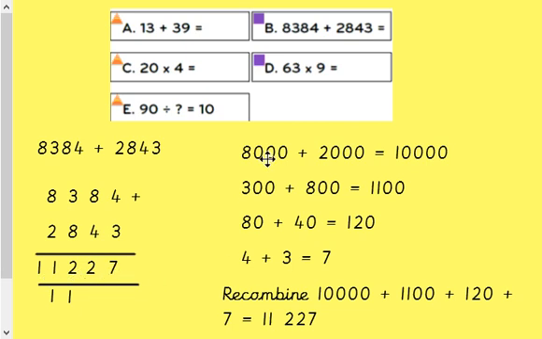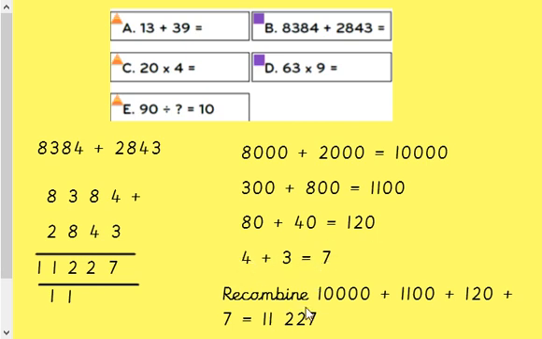11,227. We could partition the numbers if we wanted to into our thousands, hundreds, tens and ones. So I would go with 8,000 plus 2,000 would be 10,000. 300 plus 800 would be 1,100. Okay, 80 plus 40 would be 120, and then finally 4 plus 3 would be 7.